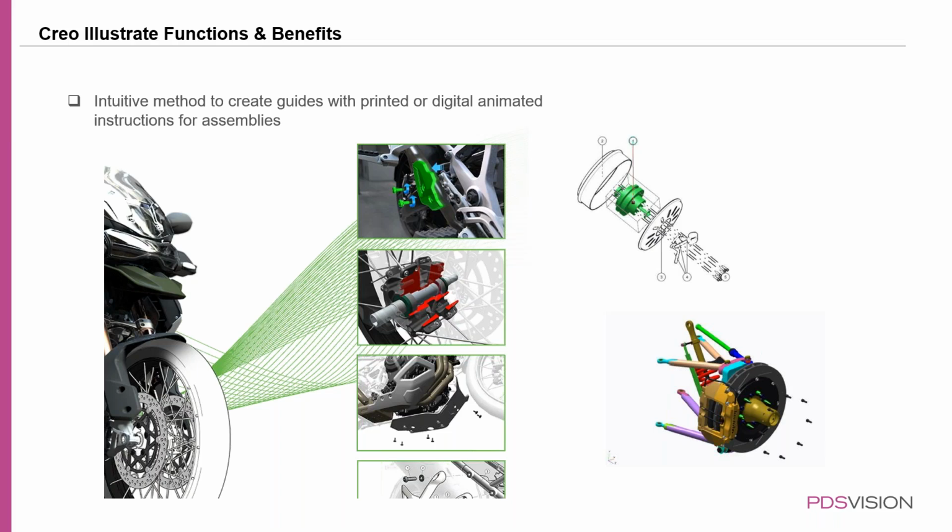So I just want to touch on this slide here, what Creo Illustrate is. It's a software that allows you to take your Creo models and assemblies and create instructional guides for assembly or disassembly as a technical publication. This can be done by creating a series of figures that show the steps.